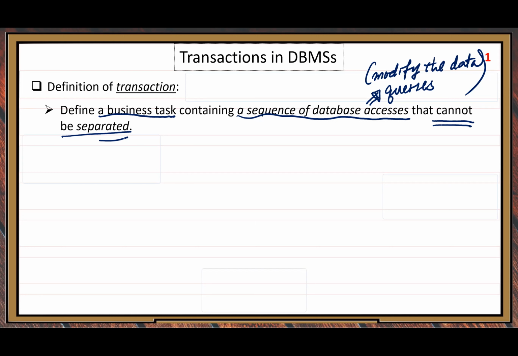How do you guarantee the data is never messed up? Only when you execute the sequence of query statements as a whole, never separated. Otherwise, you do part of the work here, part there, and when you come back, the data is messed up.